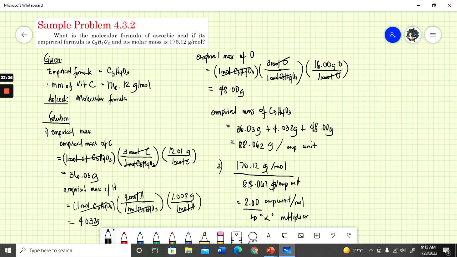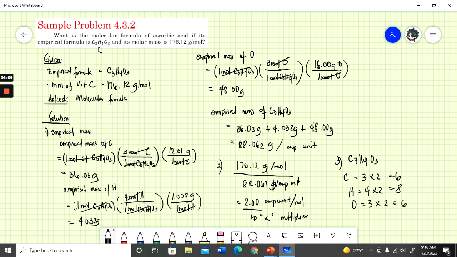After finding this multiplier, you want to multiply it by each subscript of your elements. So for number 3, you have C3H4O3. C: 3 times 2 is equal to 6. H has 4 times 2, that gives you 8. And oxygen has 3 times 2, and that gives you 6.